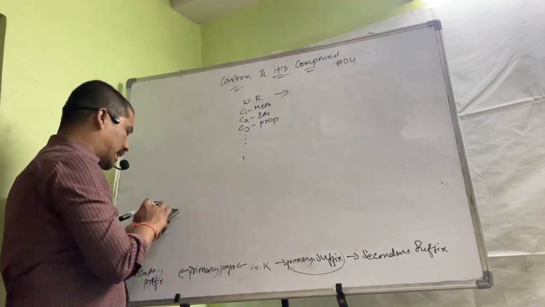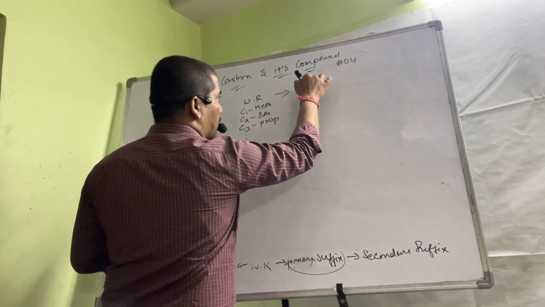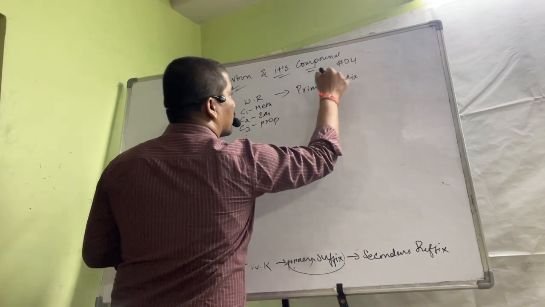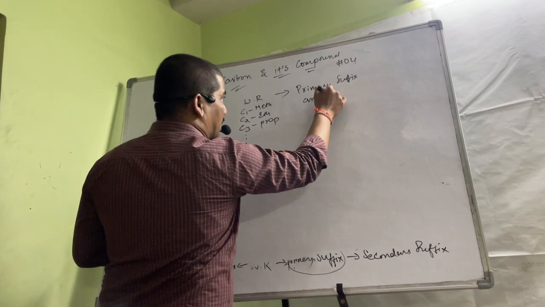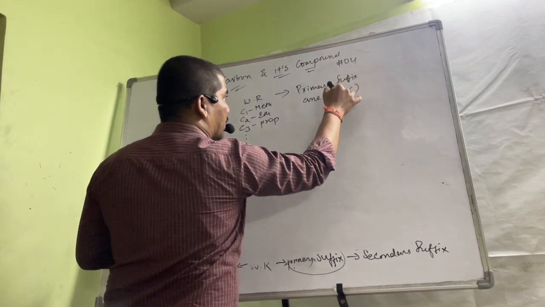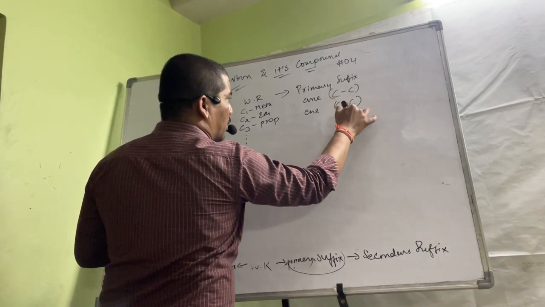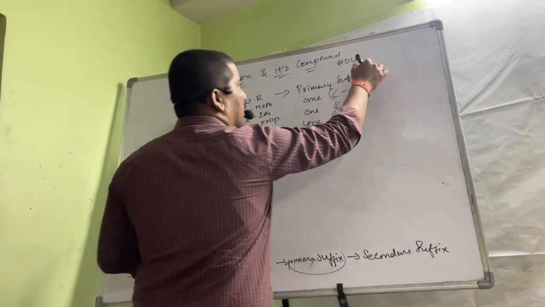After this what you should write? Primary suffix. Single bond means an. Double bond? En. Triple bond? Yne. That much only in this.